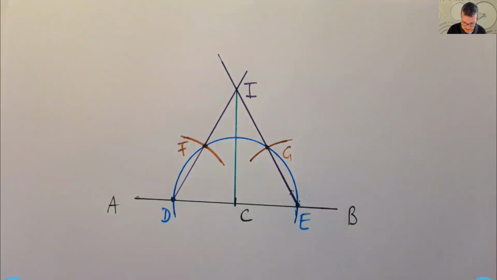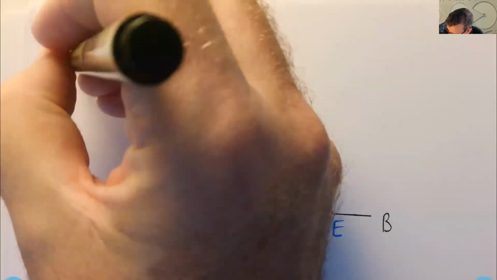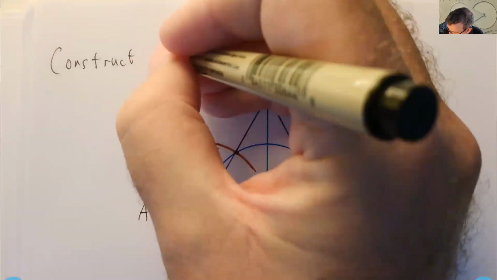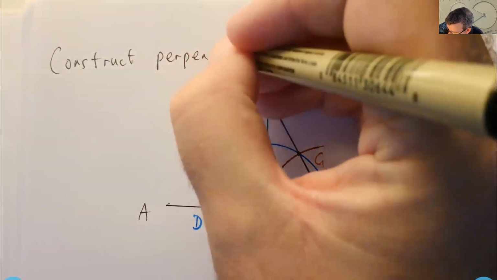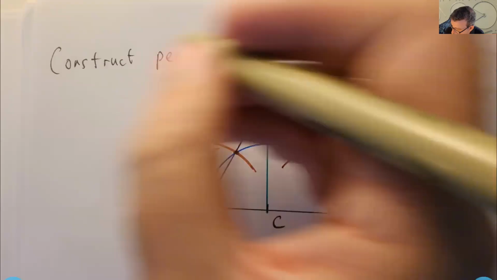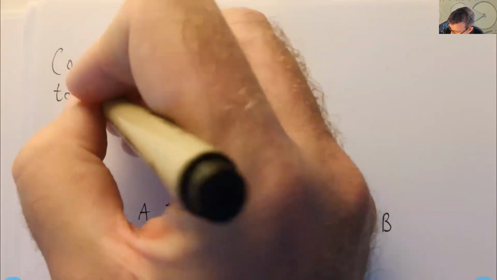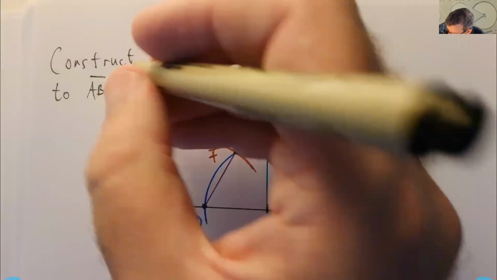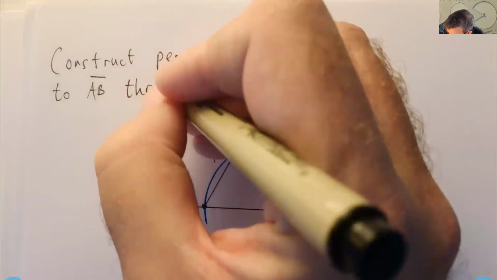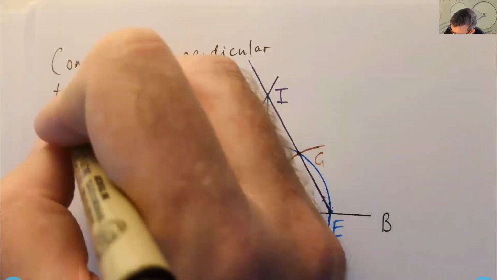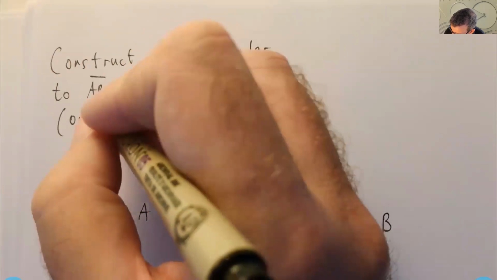Okay, so let's just summarize what we did there. We wanted to construct a perpendicular to the given line segment AB, and it contains the point C, and C is in or on AB.